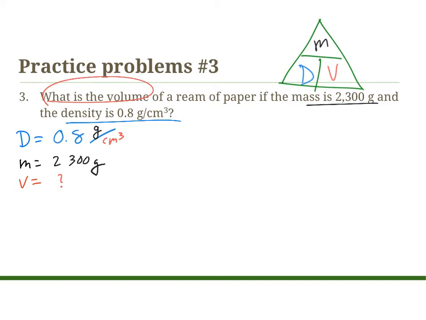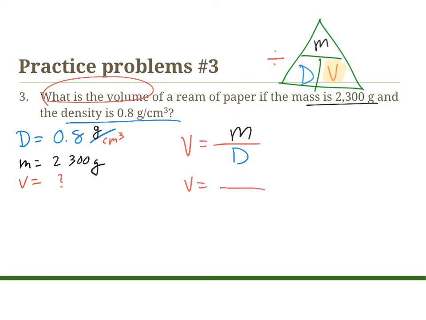So I'm going to grab my highlighter and note that I'm solving for volume, which tells me that my formula is going to be mass divided by density. So when I set my formula up, I'm going to have volume is equal to mass divided by density. Now I can substitute in the values that I know, because I am solving for volume.